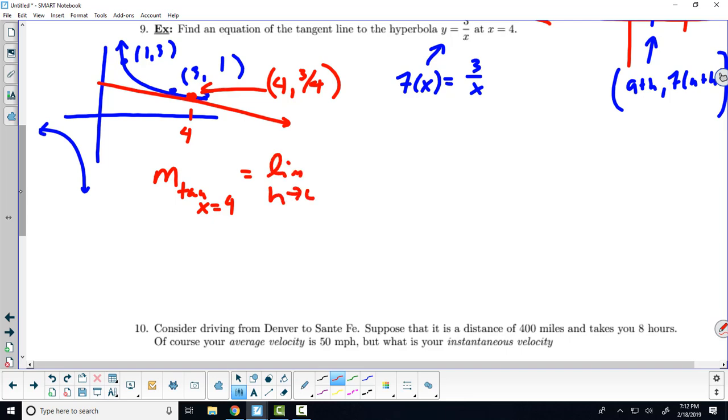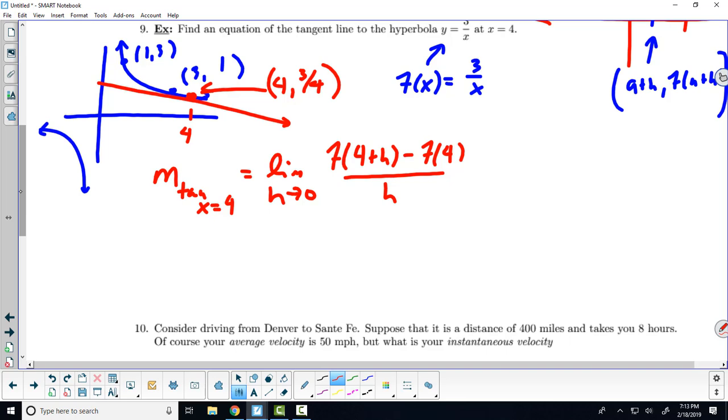So let's take the alternate definition. I heard maybe some people starting to say it. I could have had x approach 4, but I'd rather do this one in this case. So this would be the limit as h approaches 0 of f of 4 plus h minus f of 4 all over h. When I use the alternate definition, the way I like to think about it is the distance between the two points is going to 0.